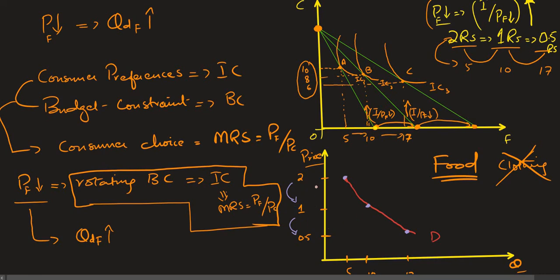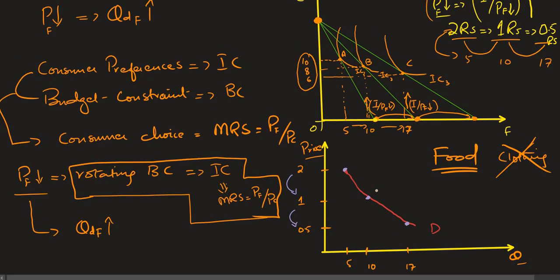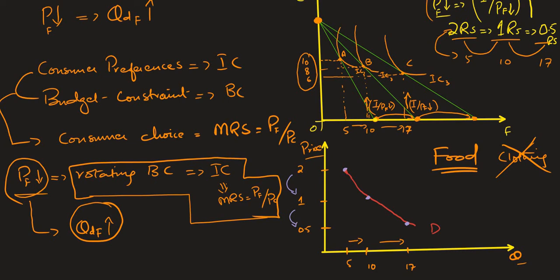That is the response of the quantity demanded. So in this case, whenever the prices were decreasing, quantity demanded was increasing. Through this exercise, we have derived the demand curve.